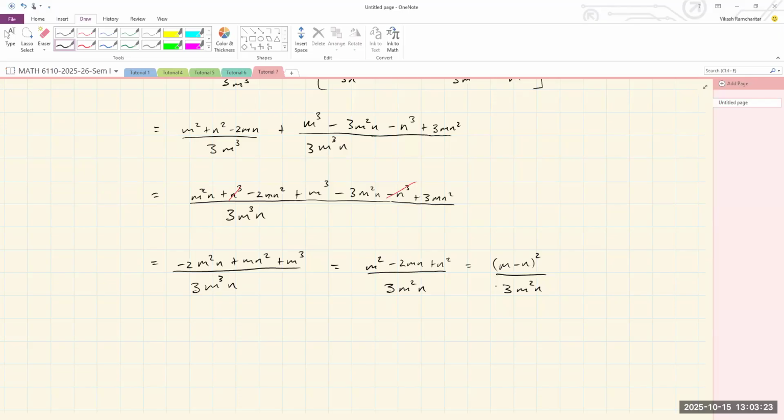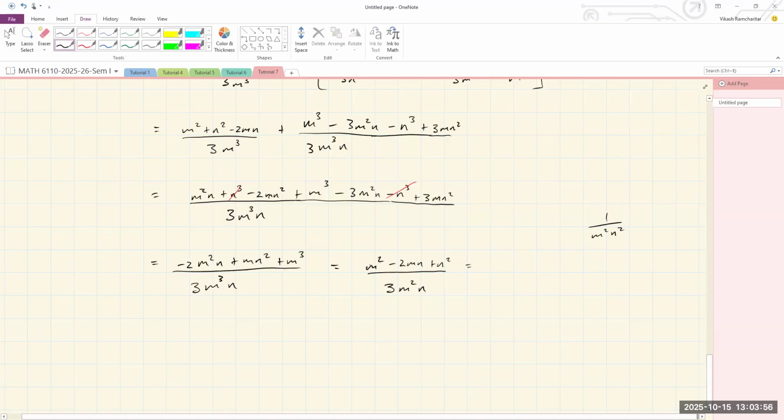So here's what we're going to do. We're going to divide every term by m squared n squared. We're going to multiply everything by this, right? So divide every term by that.